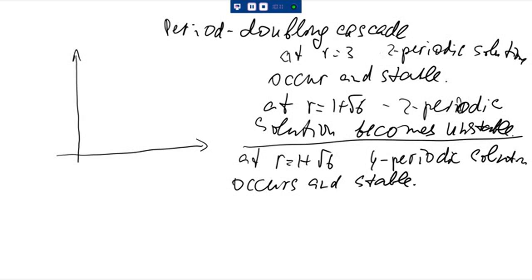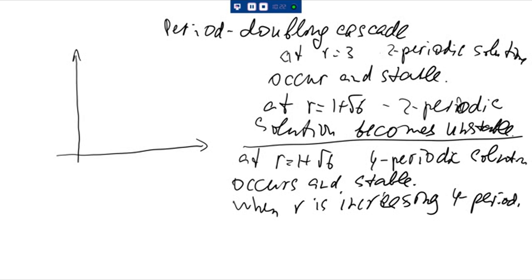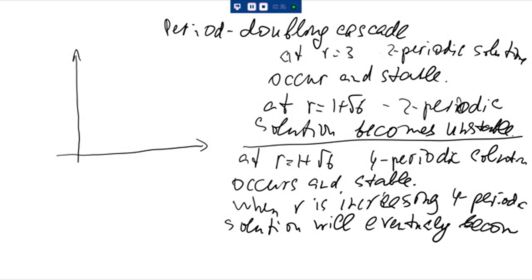Then when r is increasing, the four periodic solution will eventually become unstable and an 8 periodic solution occurs.